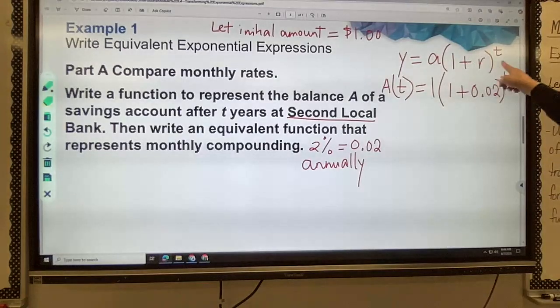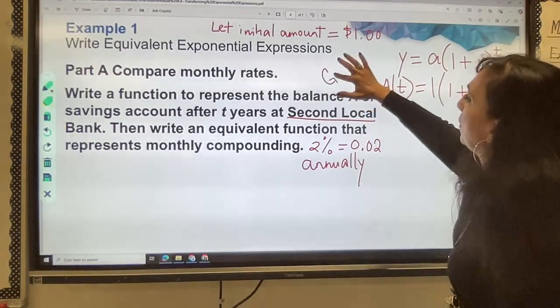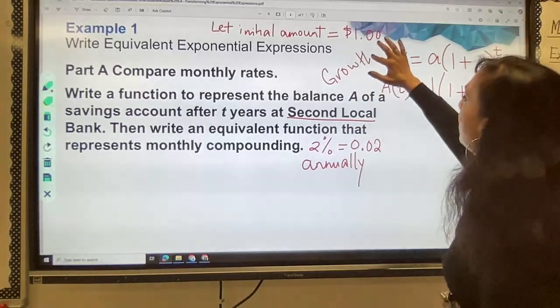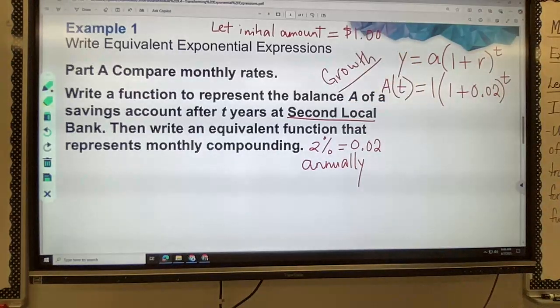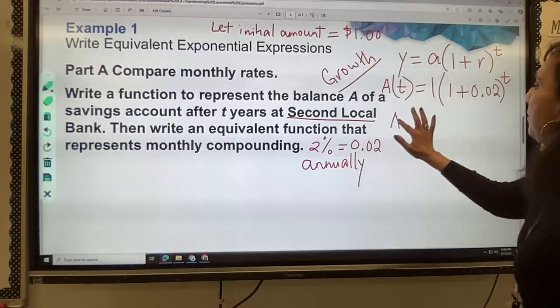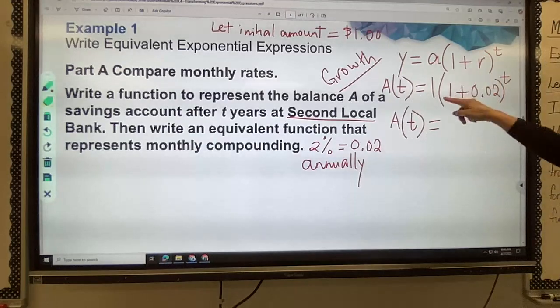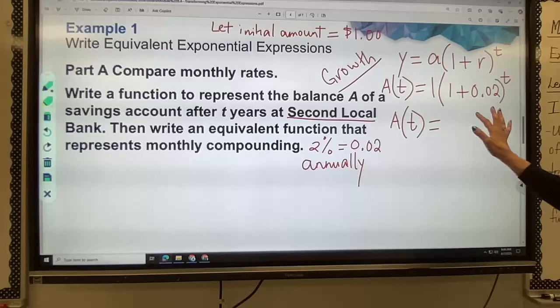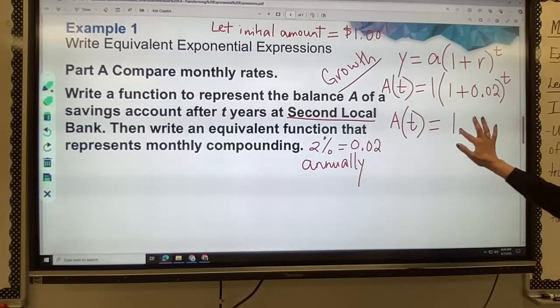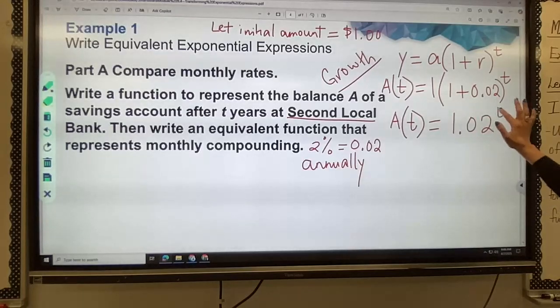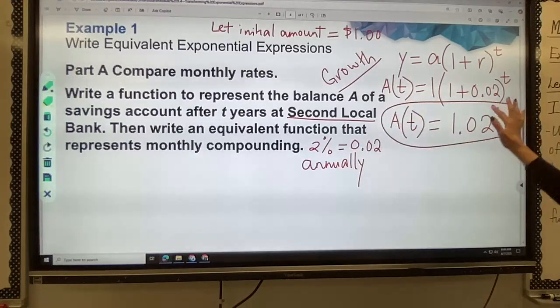This is exponential growth because the interest is going up exponentially. Then I'm going to simplify, and of course we took the initial amount as 1 for a reason, so I get 1.02 to the t. So here is my equation.